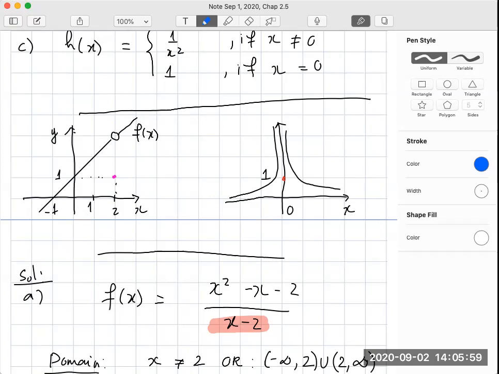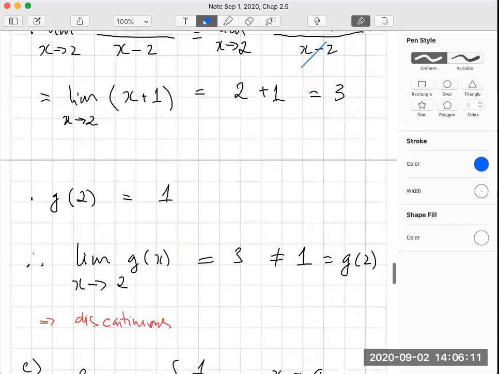Just make sure that I'm finding the correct names of it. Infinite discontinuity, okay? So we have some names for them.